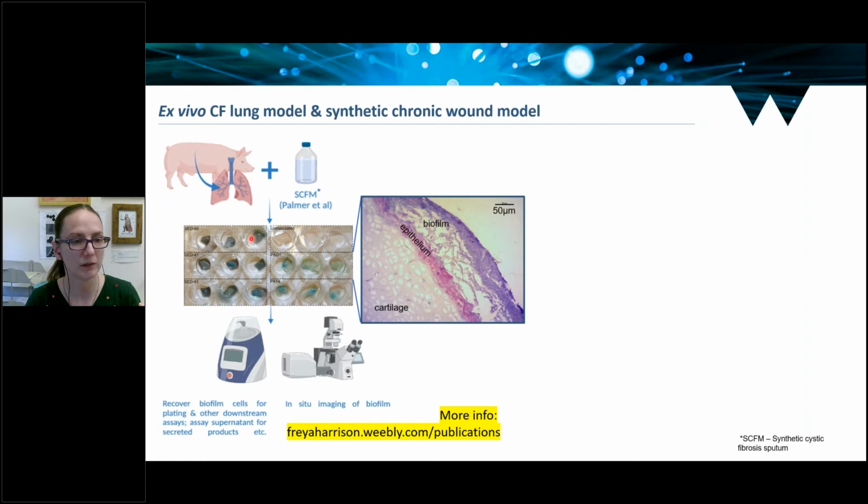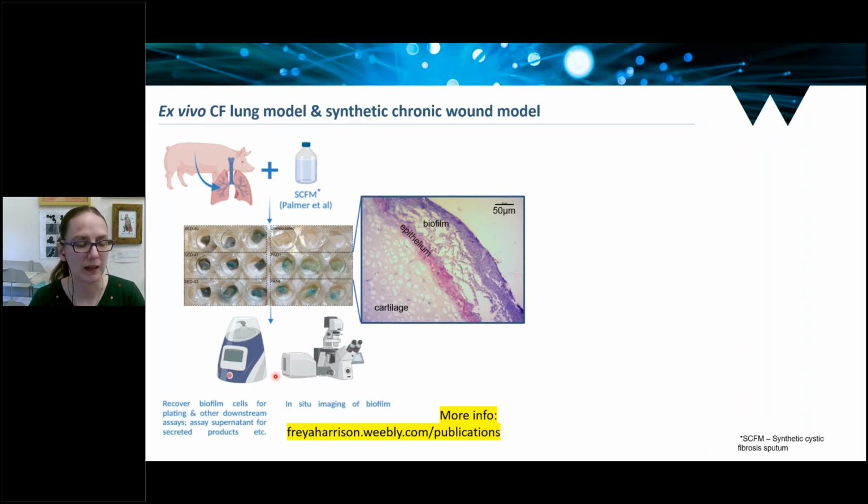We can grow biofilms of bacteria quite nicely around the lung tissue in this model for days to up to 3 weeks. You can see here an example of a beautifully structured Pseudomonas aeruginosa biofilm with this 3D structure of biofilm layers and channels on top of the epithelium of the lung tissue here.